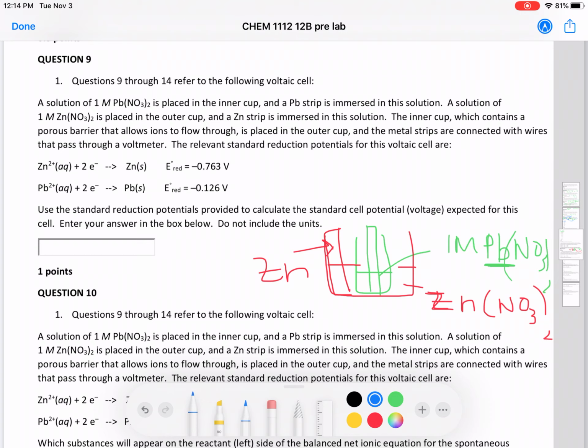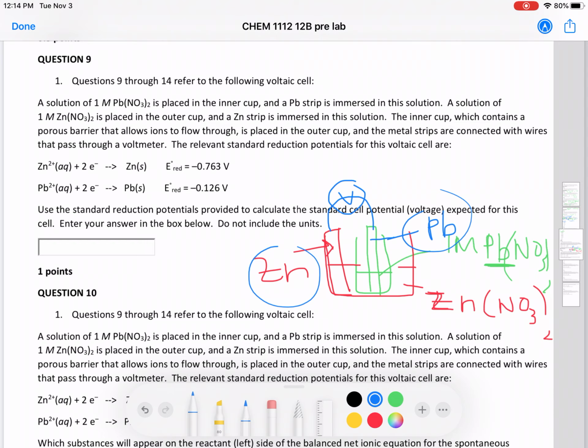So the 2 metal electrodes connect with the voltmeter. Okay, we have 1 molar lead nitrate with a lead strip, and then we have zinc nitrate with a zinc strip. Zinc and lead, these two are our electrodes, and we are also given the standard electrode potentials.